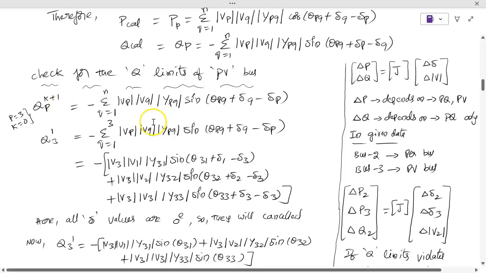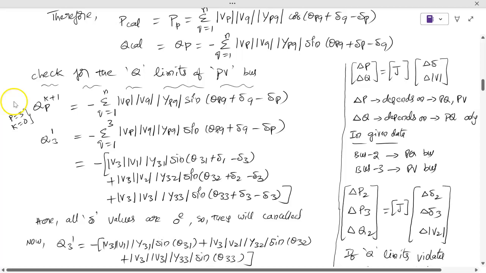Now you know the static load flow equation, Q_P^(K+1), where K we need to set initially as 0. Q_P^(K+1) is equal to minus sigma Q equal to 1 to N, V_P V_Q Y_PQ sin of the angles.